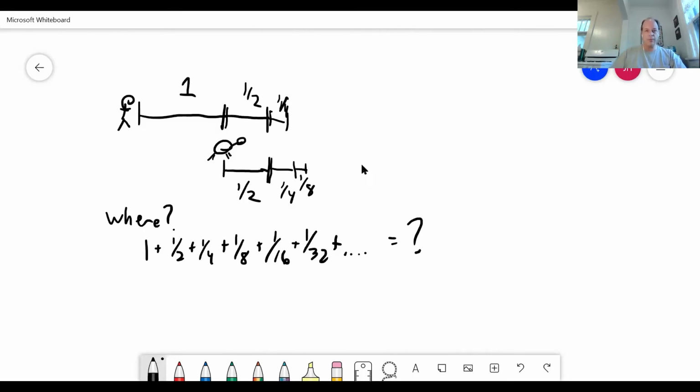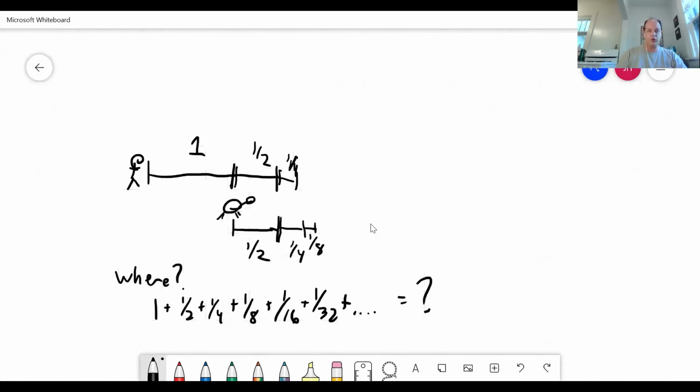Now, if you take a look up here at the beginning again, here's Achilles and there's the tortoise. We can ask ourselves not how much distance did Achilles cover, but where is Achilles? Here he is after the first leg of his journey, he's 1 mile into this race, this marathon. After the second leg of his journey, he's 1.5 or 3/2 of a mile into his journey.